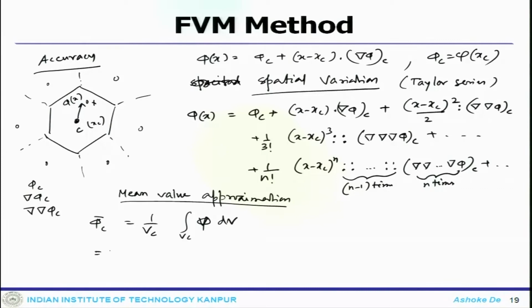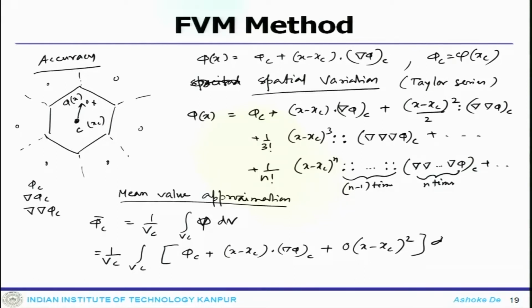So, I can write 1 by V C integral of phi C plus x minus x c dot delta phi C plus order of x minus x c square dV.